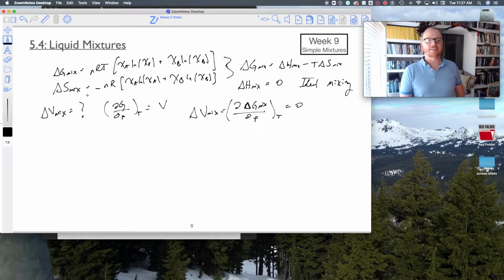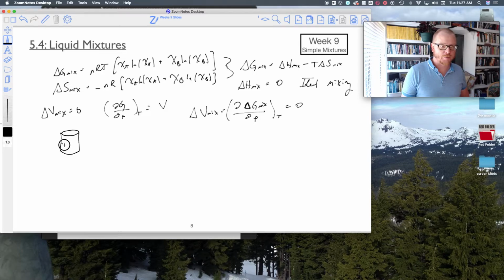So what does it mean to have 0 change in volume for ideal mixing? It's not quite what you think it means. The derivatives are a little counterintuitive, but once I draw you this picture, hopefully it'll be very intuitive.